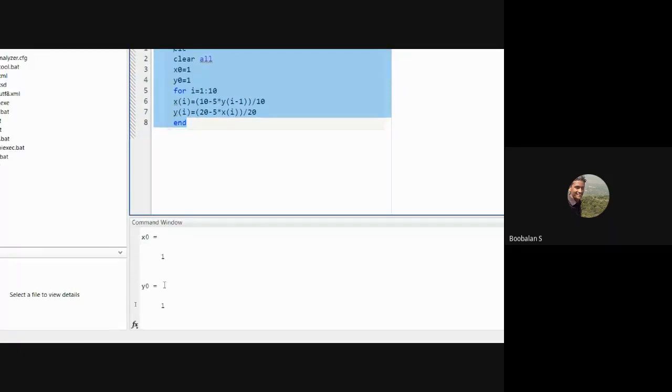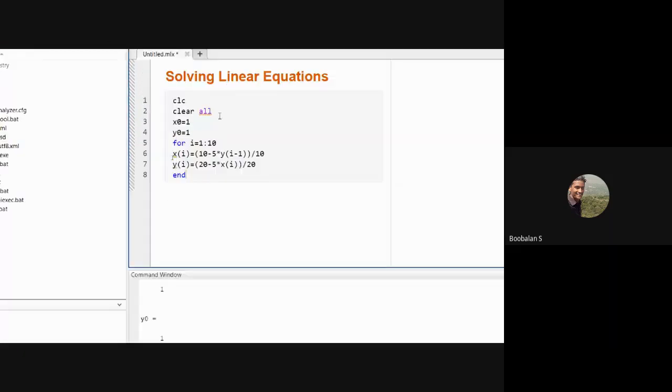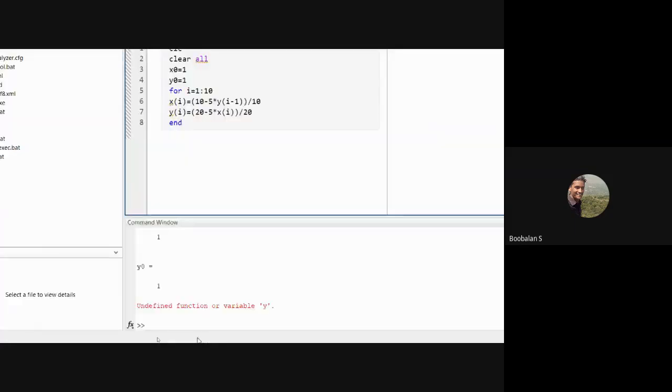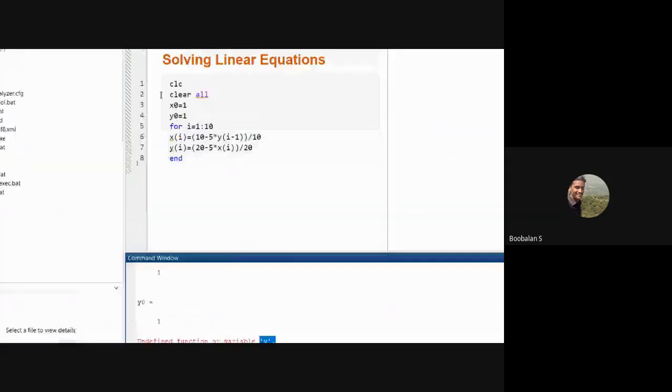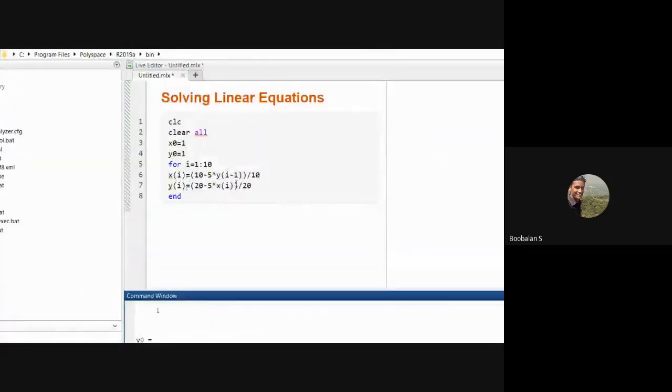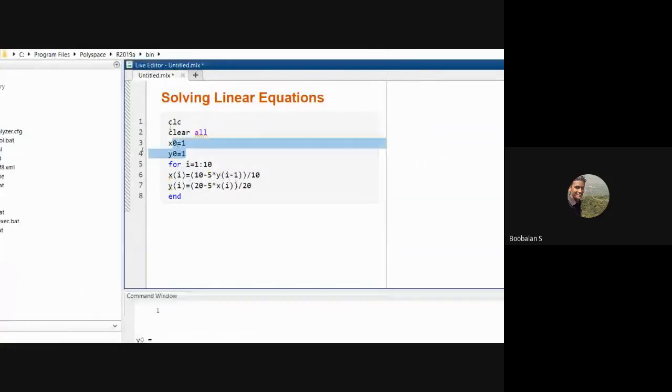Basically, undefined function or variable y. Where is y coming from here? Initially x0 and so on are no problem. This will work. Now the value of x, 1, is coming, and 1 minus 1 is 0. y0 is 1, okay?